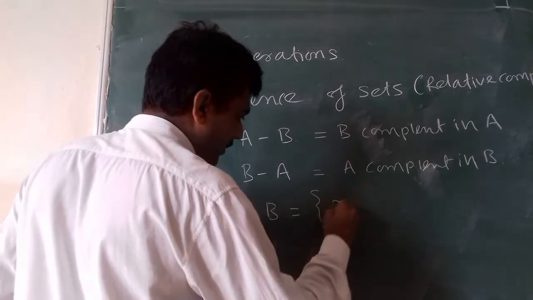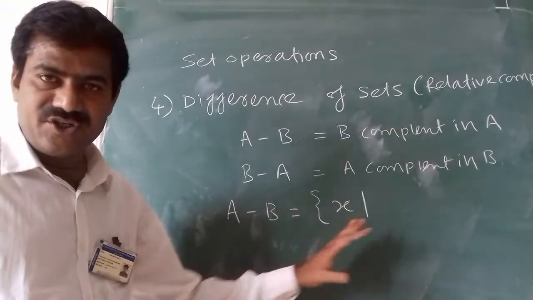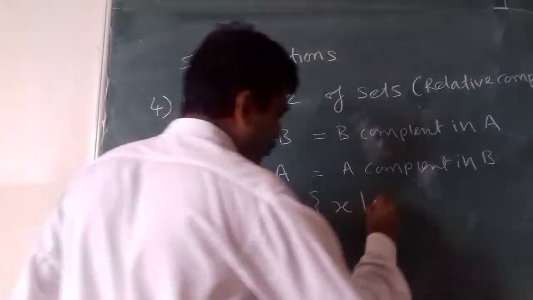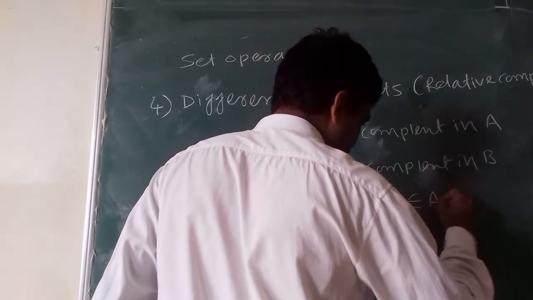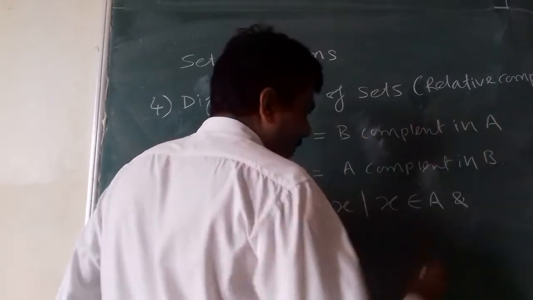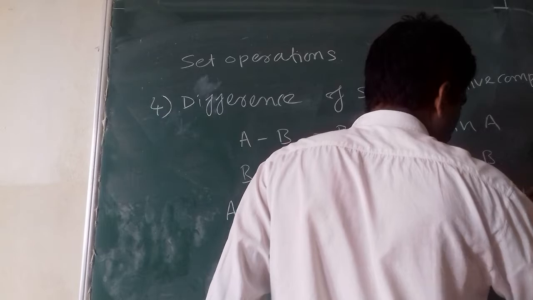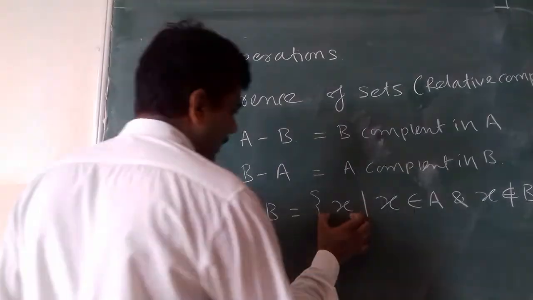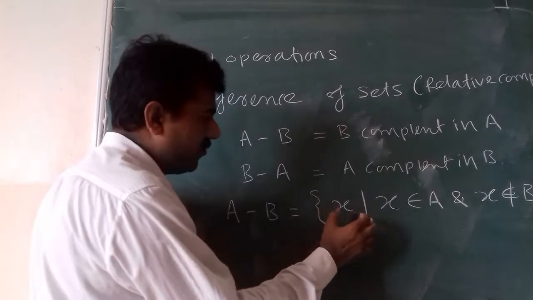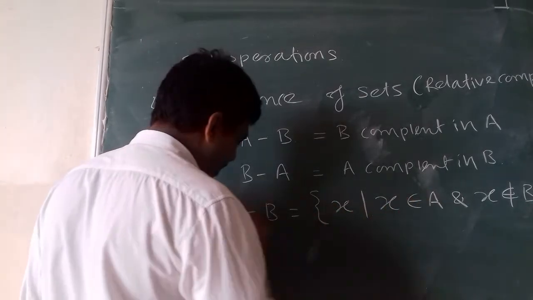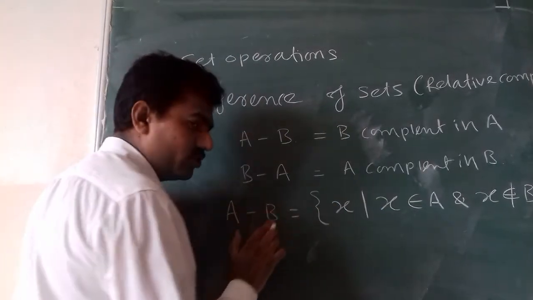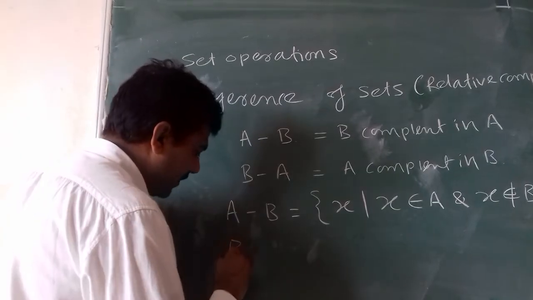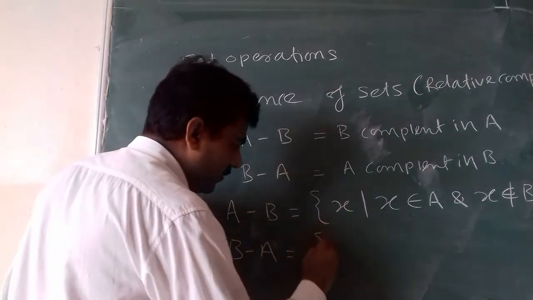Okay, so now you see how it is defined. A minus B contains the elements x such that x belongs to A and x does not belong to B. A minus B is the set of elements x such that x belongs to A, the first set, and does not belong to B, the second set. Let's say B minus A is equal to what?